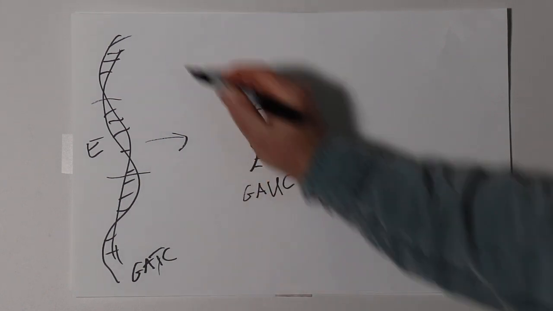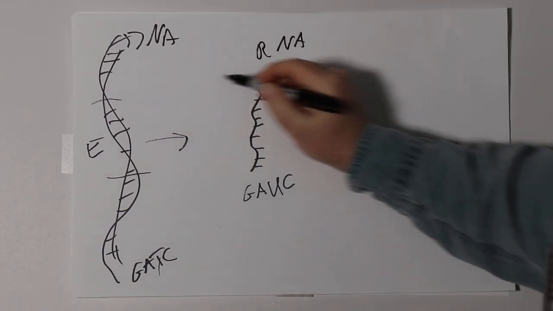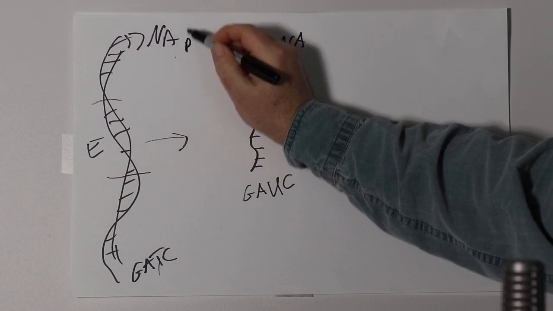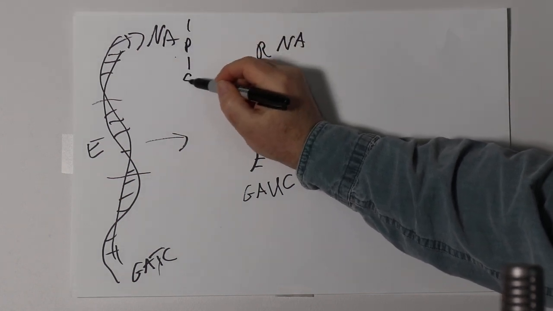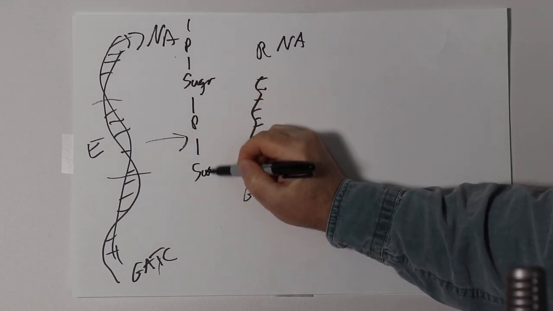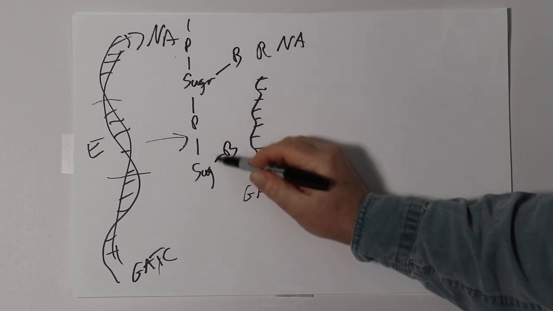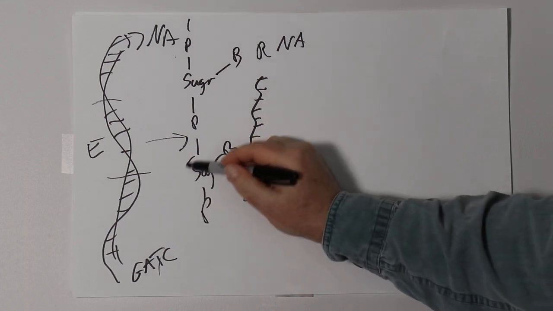So the difference between DNA and RNA is not in the bases. Chemically, DNA has a phosphate group and then a sugar, and then a phosphate group, and then a sugar. And the bases are sticking off of the sugars. The difference between DNA and RNA is the sugar.